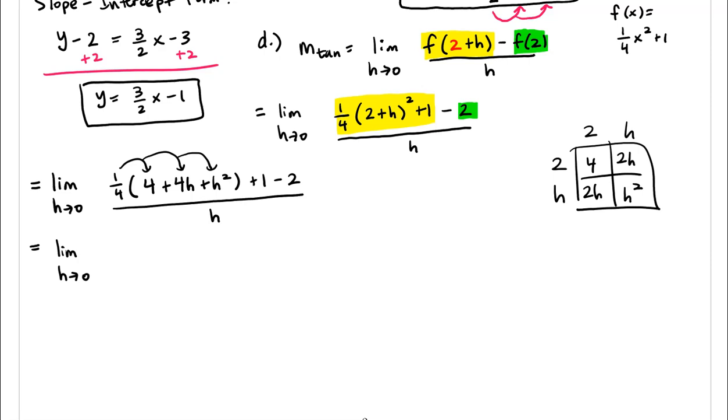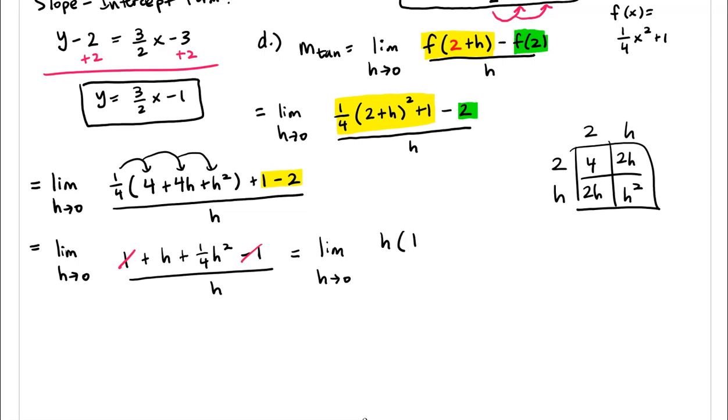And then I'm also going to simplify 1 minus 2. So let's see, that's going to give us 1 plus h plus 1/4 h squared minus 1 all over h. And then this 1 and this minus 1 will sum to 0. Notice now that every term remaining in the numerator has an h in it, so I can factor out h outside of my numerator.